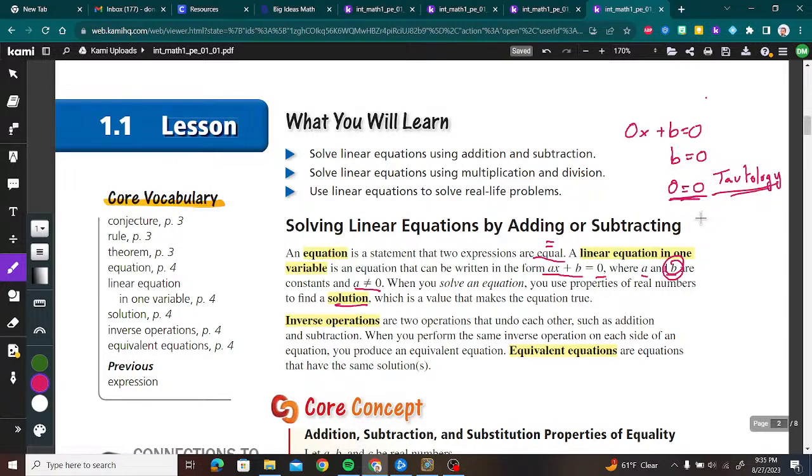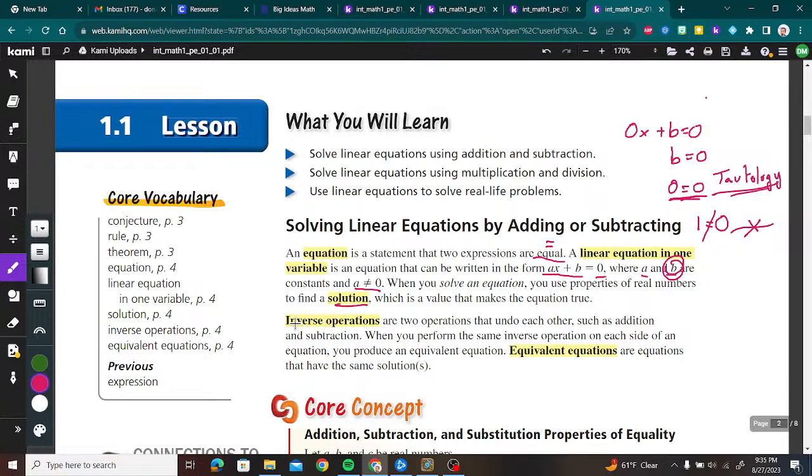Whereas if b equals anything else, say 1, then that's 1 equals 0, and you know that that is a contradiction. So that's the kind of thing that we're looking at with this definition. When you stop and look at definitions, stop and think about what it means for a to be 0 and what it means for a to not be 0. These are important things to consider.